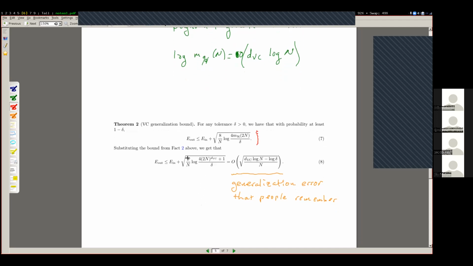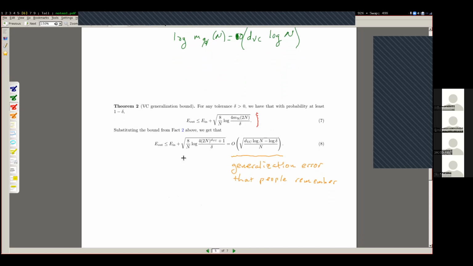In practice, the looseness of this bound is such that if you were to plug in numbers to see how big n needs to be for this bound to be meaningful, you need about n equals 10^4 d_VC to get meaningful generalization bounds.